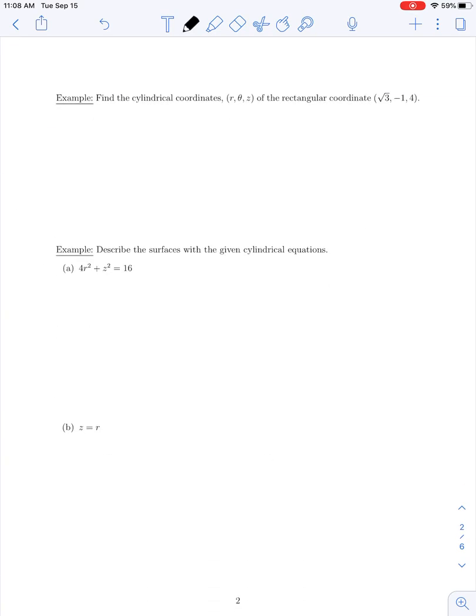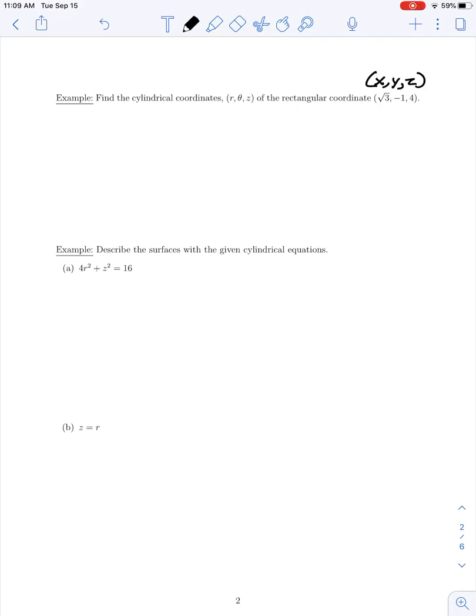Now let's look at another example where we're moving in the opposite direction. So here we are told to find the cylindrical coordinates, r, theta, z, of the rectangular coordinate. So that is the point given in terms of x, y, and z, which are root 3, negative 1, and 4.